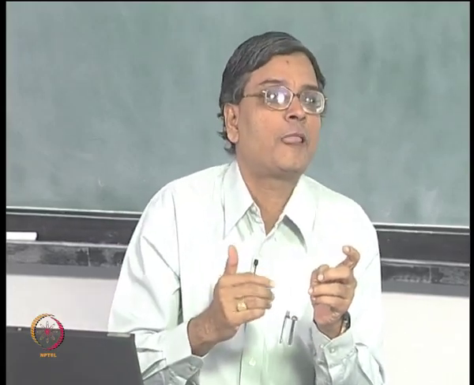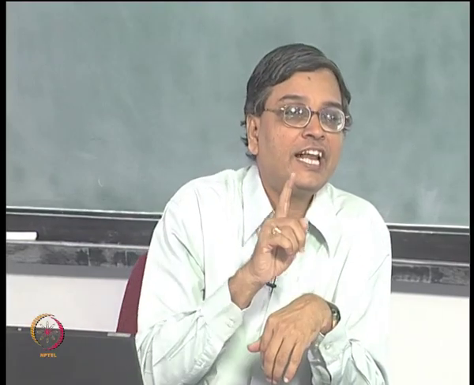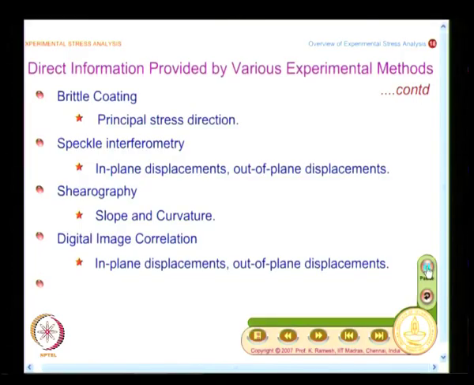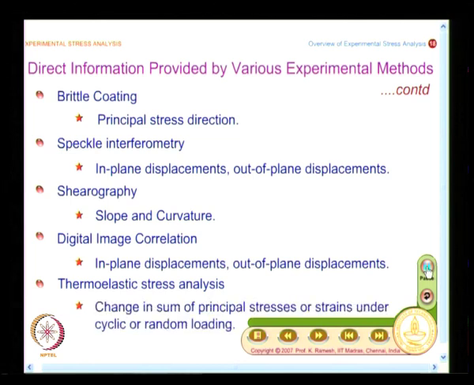So though each technique gives seemingly similar information, the physics we have exploited dictates the possible level of accuracy. And I would say physics as well as the technology. Physics may be the same, but if the technology is improved, then also you can improve the accuracy of evaluation.